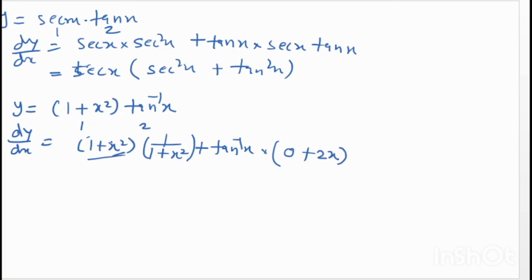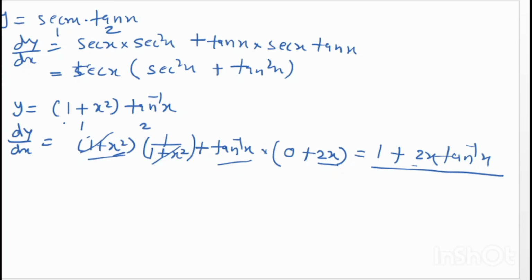So what we get in the final step? Now here 1 plus x square, 1 plus x square get cancelled, so that is 1 plus, first write down 2x, then the inverse trigonometric function, that is 2x into tan inverse x. So now this is the final answer.